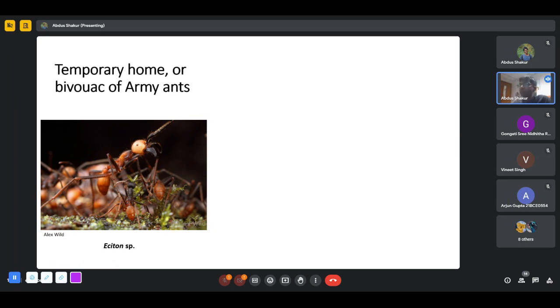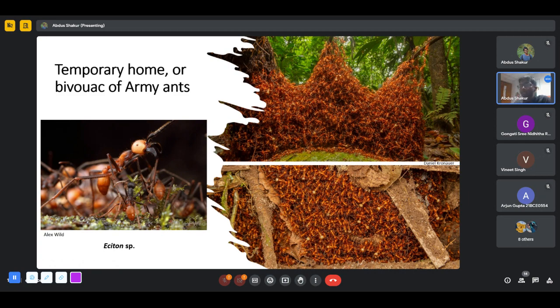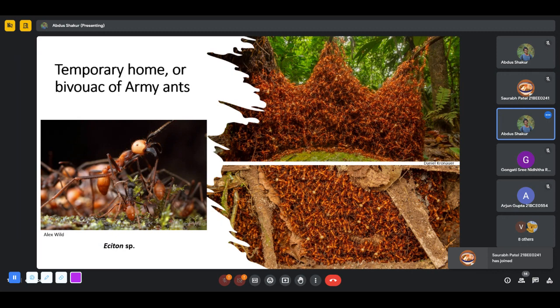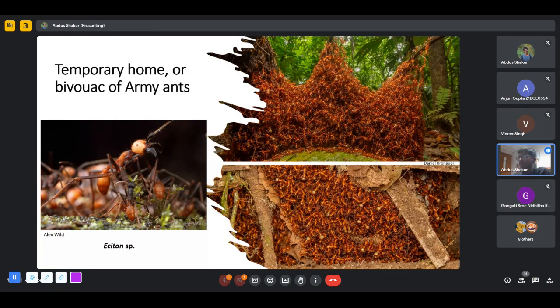They make homes out of their live bodies itself. They simply hang on to each other's legs, forming these homes. And they have the whole colony and a resting place for the queen, the workers, and the larvae.